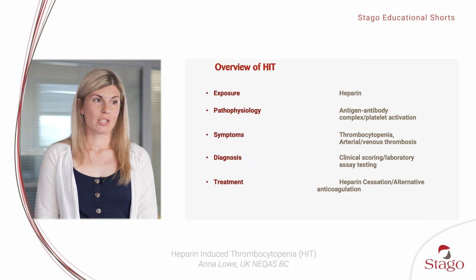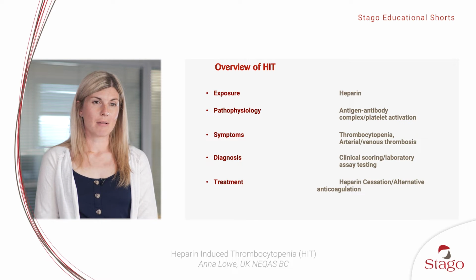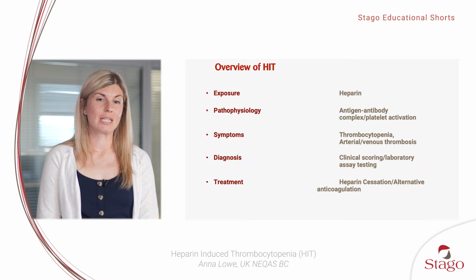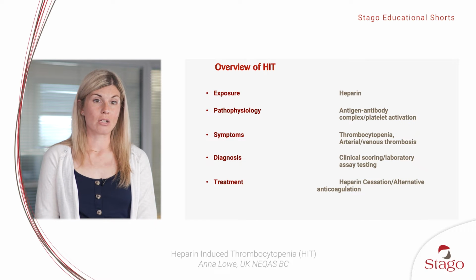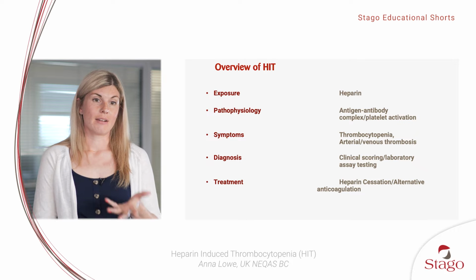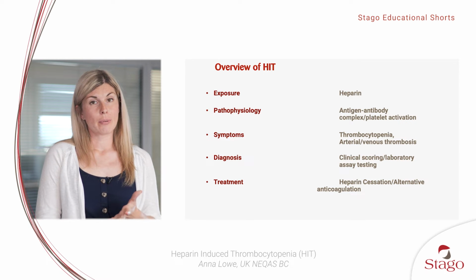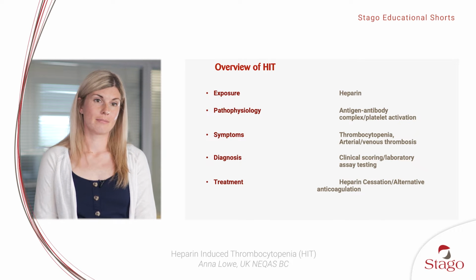Diagnosis of HIT is quite a complex method. And when I say complex method, you do need both clinical scoring and laboratory assay testing results in order to give then adequate treatment. And treatment usually is the stopping of heparin and alternative anticoagulation methods.